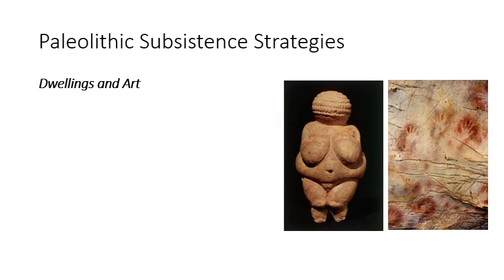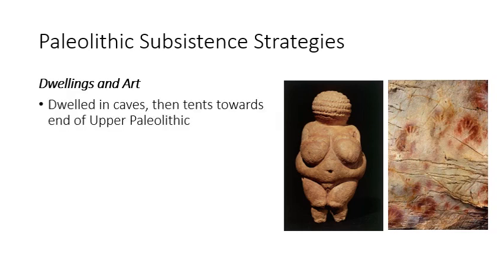So, looking at the dwellings and art that exist during this period, we could say that they dwelled in caves. We had already talked about the role of fire. And then eventually they started to shift towards tents at the end of this Upper Paleolithic. So a fairly simple tent, a structure that would provide them with some shelter as they lived in that nomadic style of life.